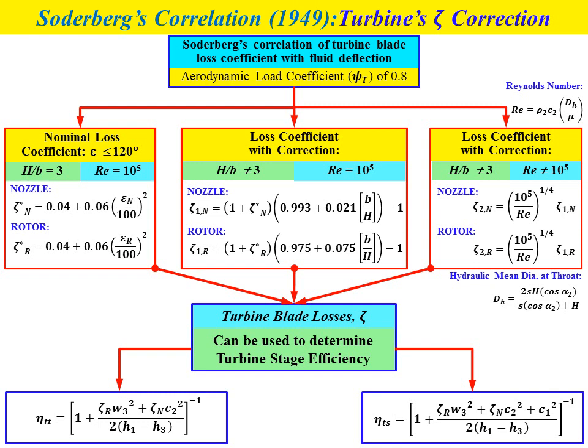So from the equations suggested by Soderberg, we can determine the values of zeta r and zeta n for the total to total efficiency and also for the total to static efficiency.